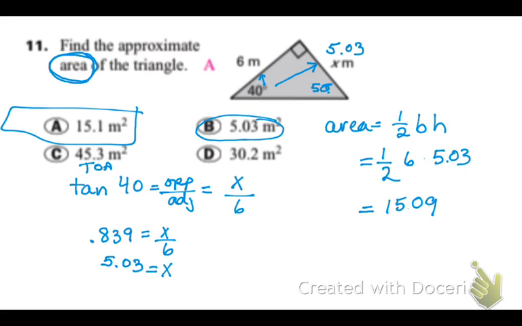It's definitely not close to 45 or 30. And we already know B is wrong. So that's how you would do this problem. And again, the tricky part is that you didn't just need to find x, you needed to find x, and then you needed to find the area.